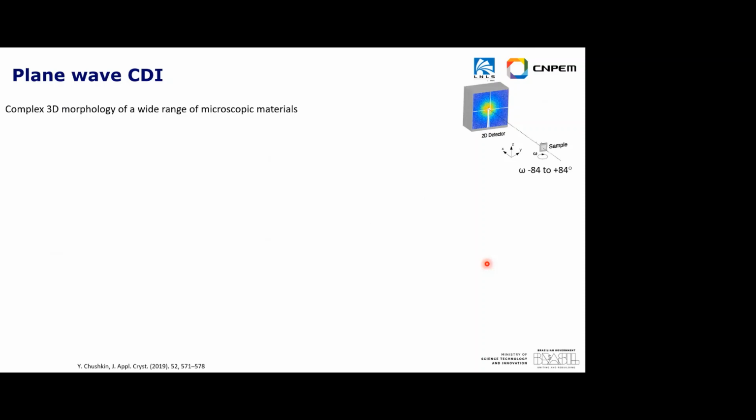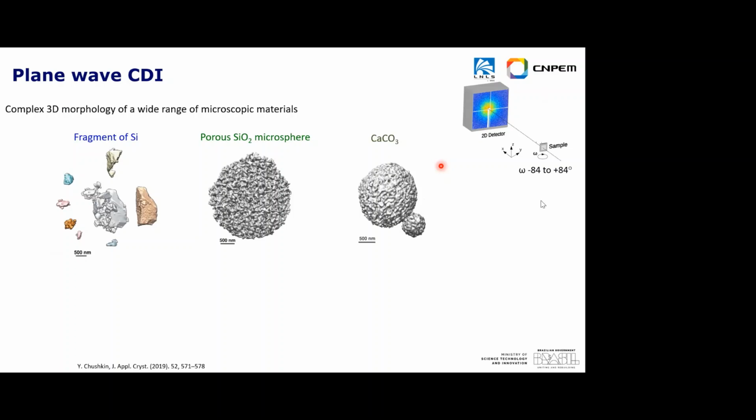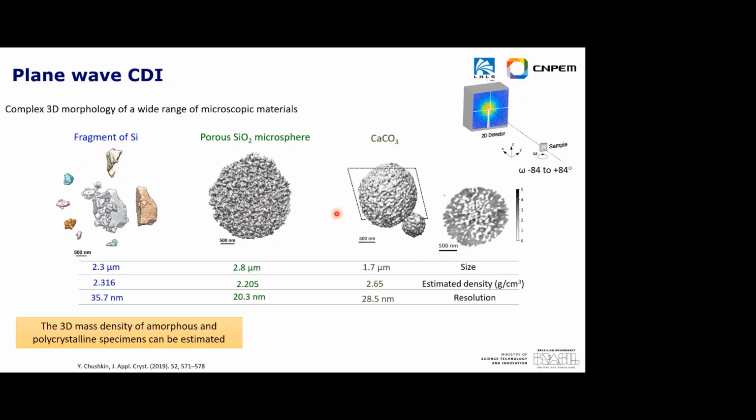So another example, of inorganic materials. For this experiment, the sample is on a silicon nitride membrane. We will obtain one image on the detector, and we will collect images at different angles to have the tomography. In this case, the samples were some fragments of silicon and a porous silica sphere, and based on the difference of the density, we can also have information about the density of the sample.